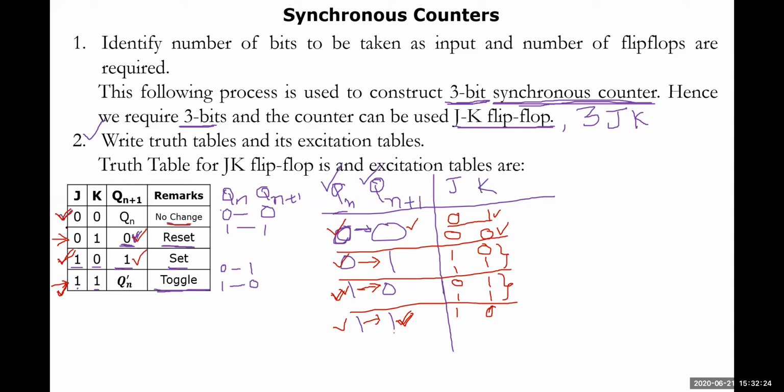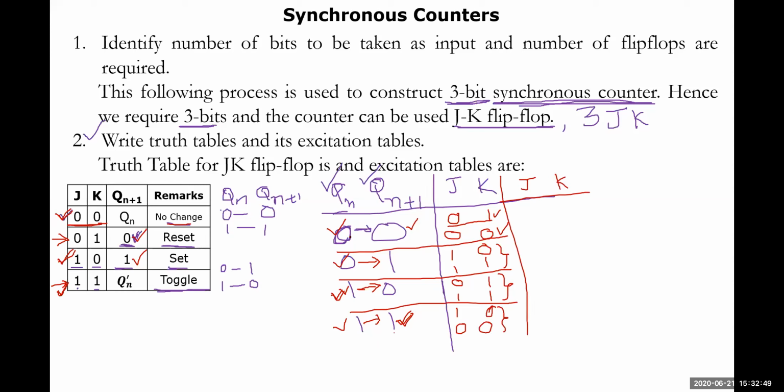For this reason, we have one more point of view, that is 0, 0. If you take 0, 0, whatever the Qn value is will be continued, so it is one more kind of input. These are the possibilities. Hope that you understood what I spoke just before. You need to take into consideration J and K. Look at this.